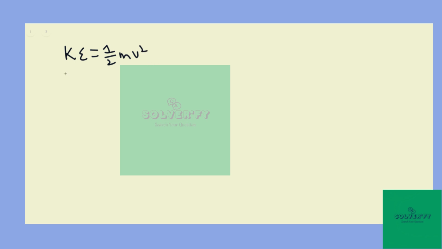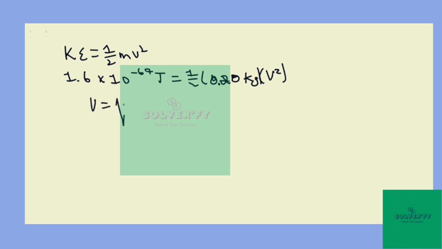So we have a kinetic energy of 1.6 times 10 to the minus 67 joules is equal to 1/2 times 0.20 kilograms times v squared. Now we want to solve for v. So v is equal to the square root of, we bring the 2 over, divide by mass, take the square root.